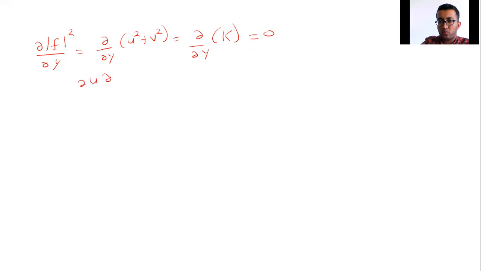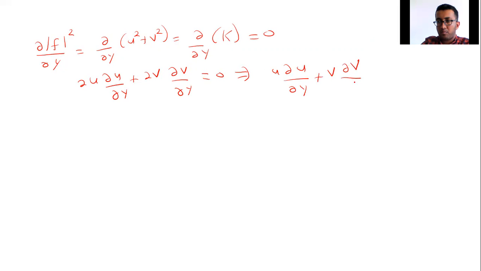So 2u ∂u/∂y plus 2v ∂v/∂y is equal to 0, right? If you divide by 2, you can get u ∂u/∂y plus v ∂v/∂y is equal to 0.